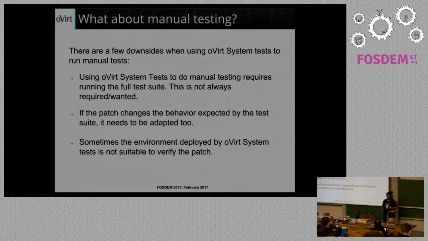For example, when we are using oVirt system tests to test a custom patch, you need to always run the full test suite. It means that if your test is correct, it's fine. You just run it once and be done with it. But if your test has some issue, you need to iterate. Any time you change the patch, you need to rerun the full test suite to get it working.